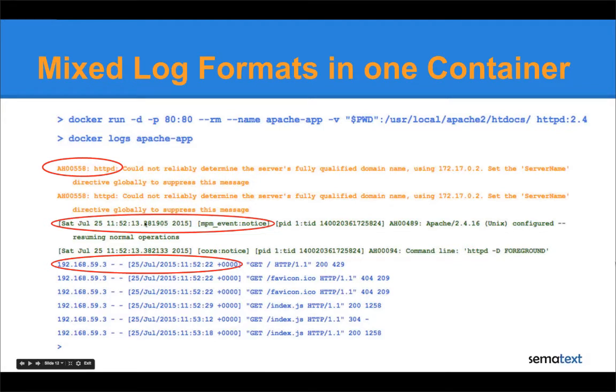The next message has a timestamp at the beginning, and the third type of message is the regular access log, very structured, with the IP addresses, timestamps, the URLs, the status code, and the size of the page. But actually, you see the Docker logs of this container give you three different types of messages, and when you do log parsing, you have to create the parser for all of them.